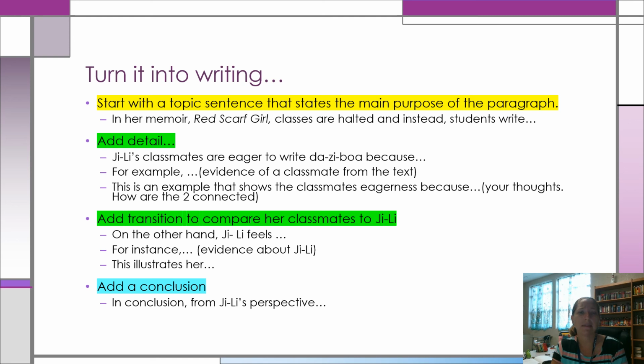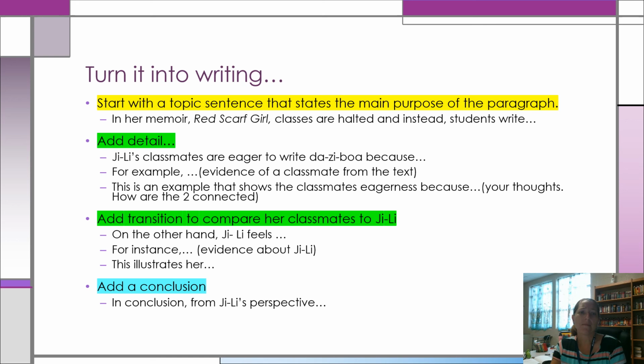All right, and then connect those ideas. How does that piece of evidence show the eagerness to write the dazibao? How are those two things connected? Okay. Then you're going to transition that. How does that compare to Ji-li? On the other hand, Ji-li feels what? What is Ji-li feeling about this dazibao? Okay. For instance, cite here a piece of evidence about Ji-li.